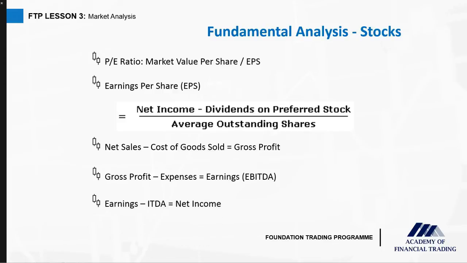Now, the final part of this earnings per share figure is earnings minus interest, tax, depreciation and amortization, which will then give you your net income figure. So it's quite a convoluted way of coming up with it, but this is the whole issue with fundamental analysis. It involves a lot of work.